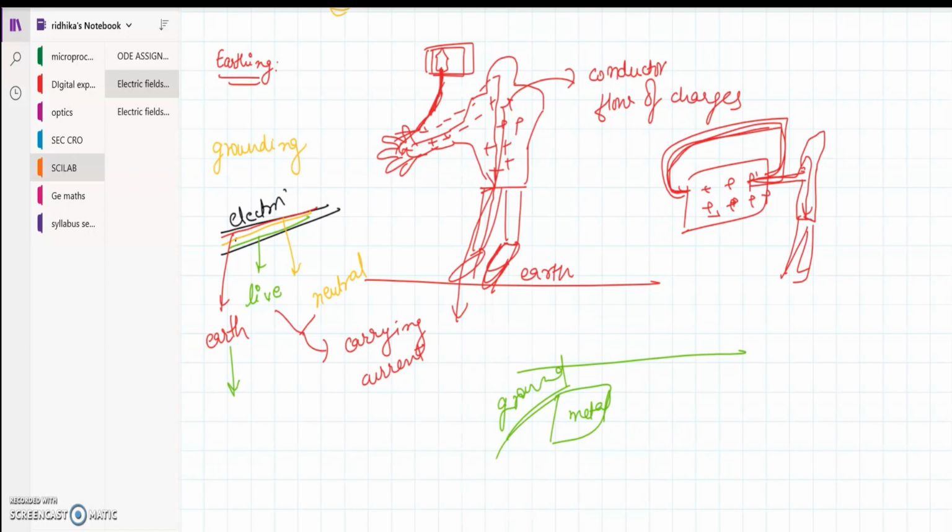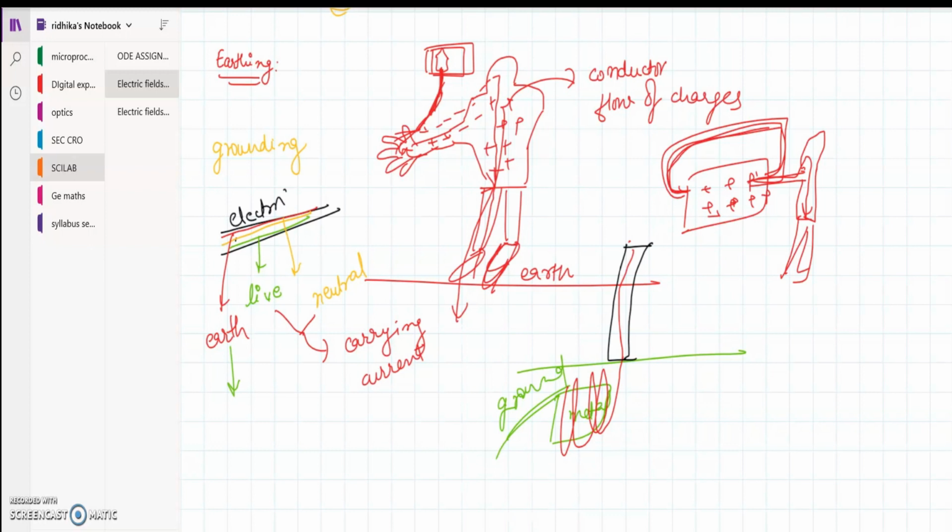So the earth wire is connected to this metal via that electric wire. Inside the interior wiring, the wire has 3 wires inside it, and the earth wire is grounded through the metal into the earth.